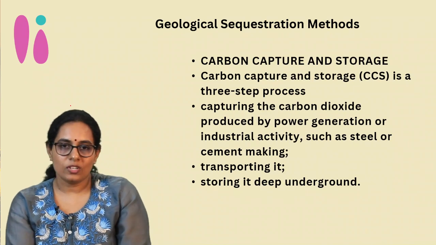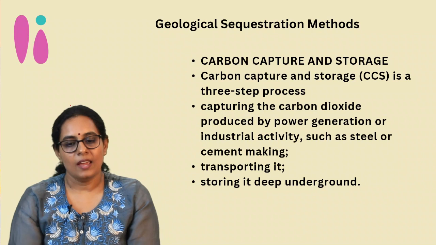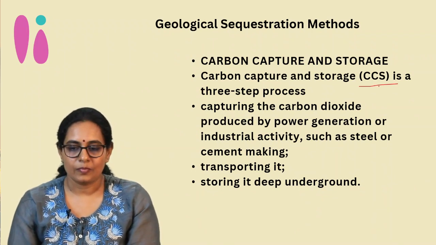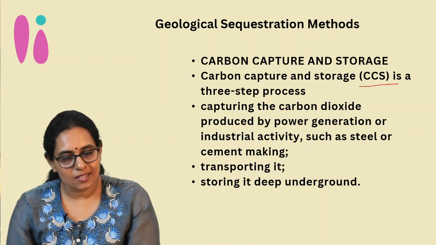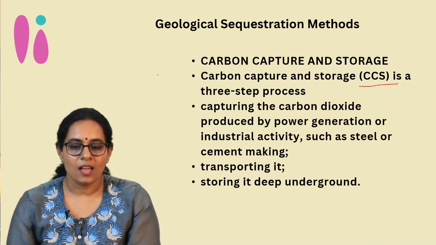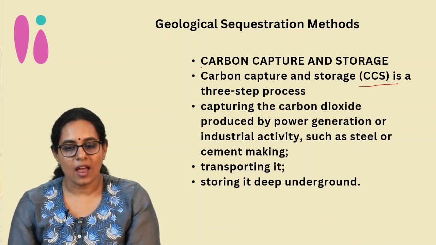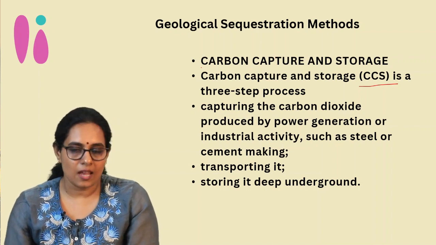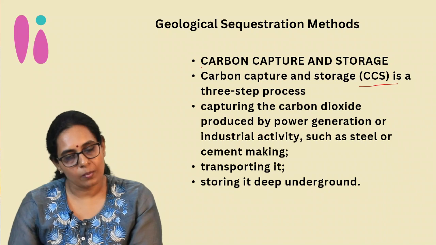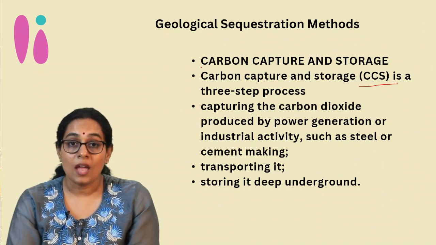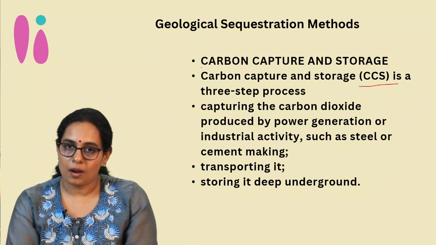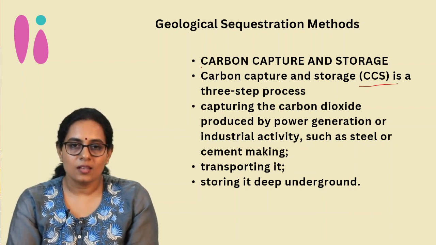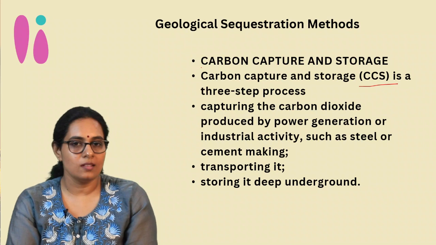Carbon sequestration is popularly called CCS. What is CCS? CCS is carbon capture and storage. So the initiatives we have been taking up to reduce carbon in the atmosphere are about reducing the amount of carbon that is there in the atmosphere. One is reducing the emission itself.